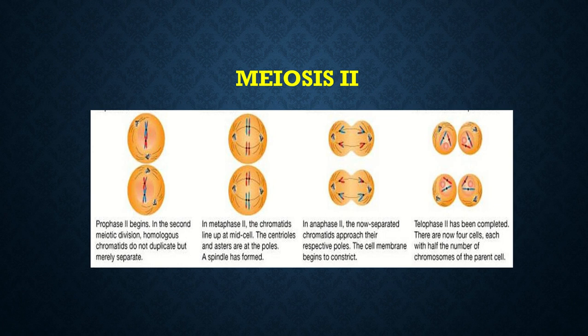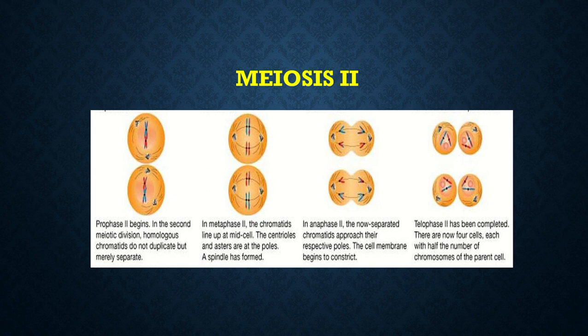The centrioles and asters are at the poles and the spindle is formed. In anaphase, the separated chromatids move towards the 2 opposite poles, and simultaneous constriction of cell membrane starts to occur.